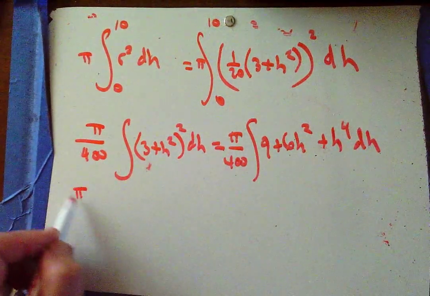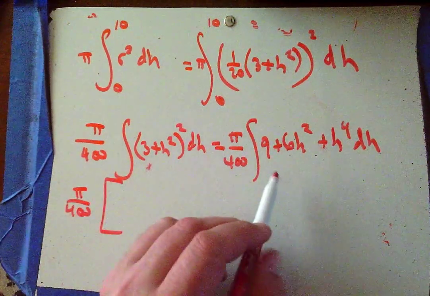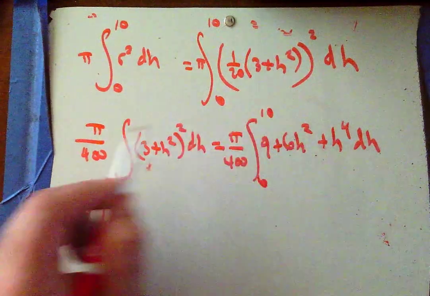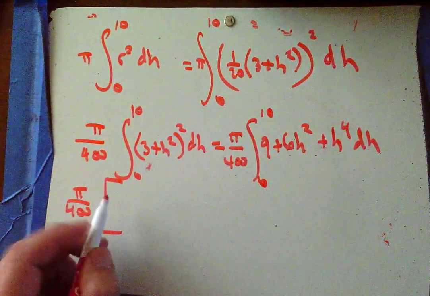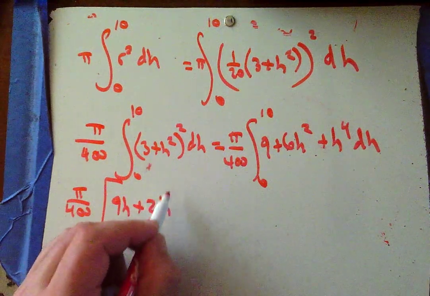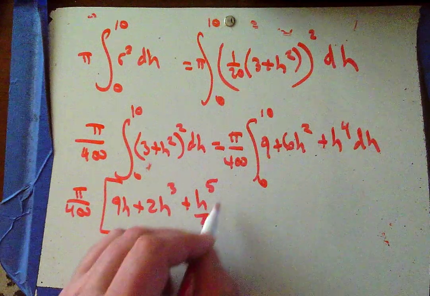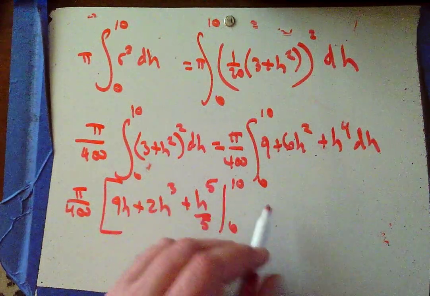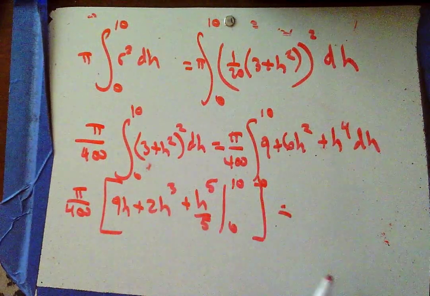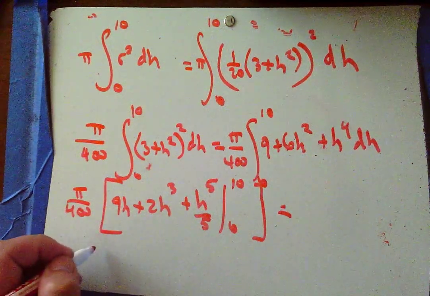And the antiderivative would be, oh, and we want to go from 0 to 10. The integral would be 9h plus 2h to the 3rd plus h to the 5th over 5 from 0 to 10. And I'm not going to go any further than plugging the 10 in.